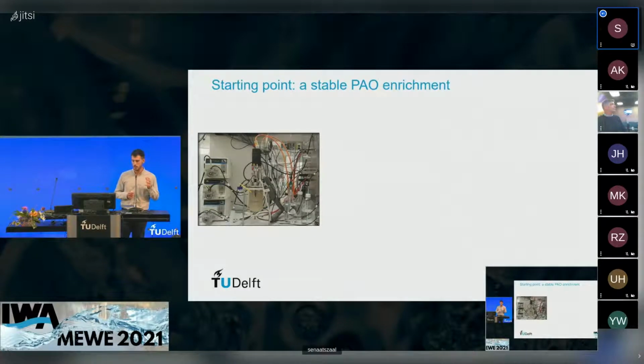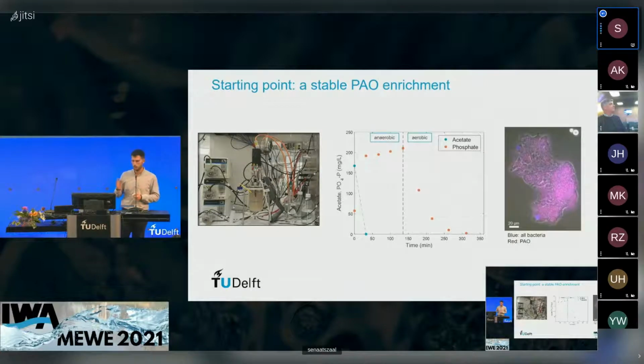So this is the starting point that we had. It's a 1 liter lab-scale EBPR system, and we had normal PAO activity: in blue the rapid acetate uptake, followed by the phosphate release, and then in the aerobic phase the phosphate uptake.